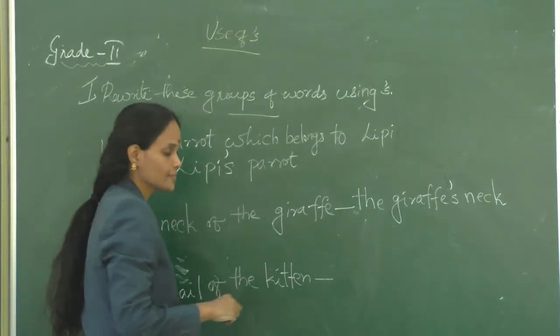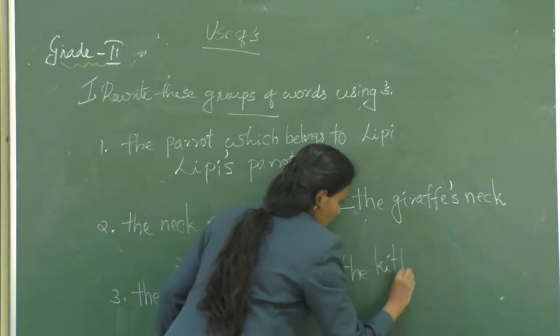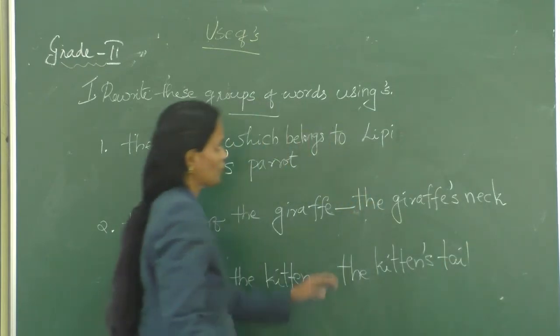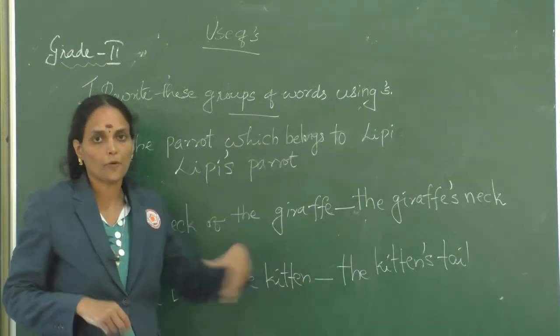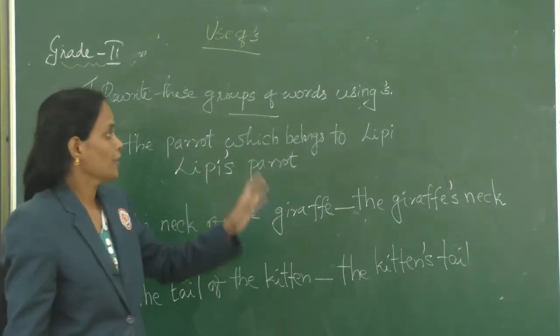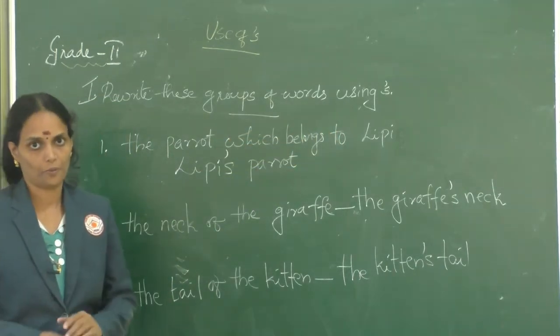The kitten's tail. As I told you, the apostrophe S indicates the possession or ownership of something, of a noun. And always apostrophe S is used with a noun.